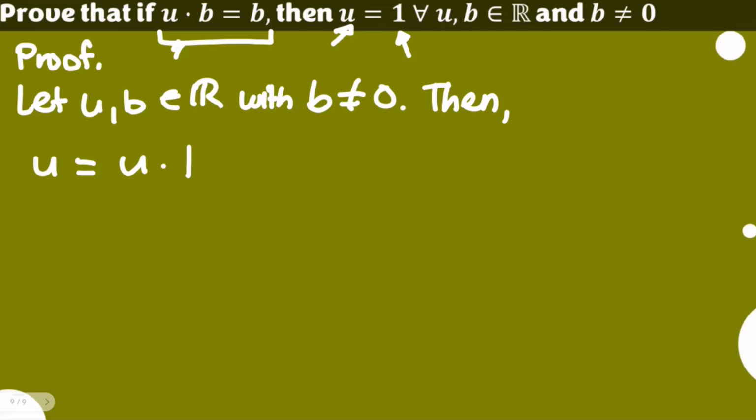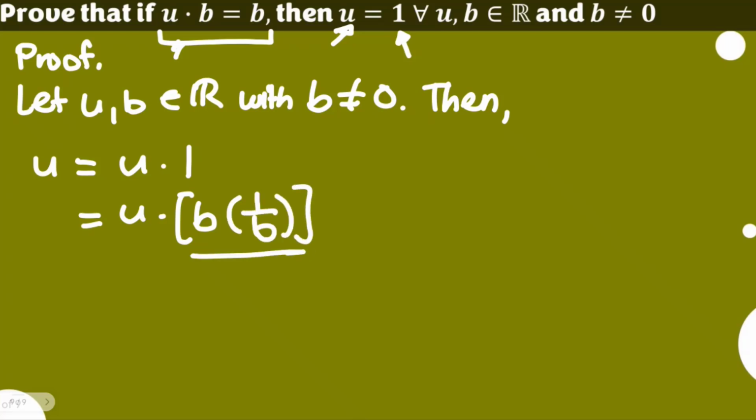I'm talking about this because we have a variable b here, and since b is not yet part of our proof, this is where we're going to introduce b times 1 over b. These two are multiplicative inverses of each other, and if they are multiplied, definitely they will result in 1.